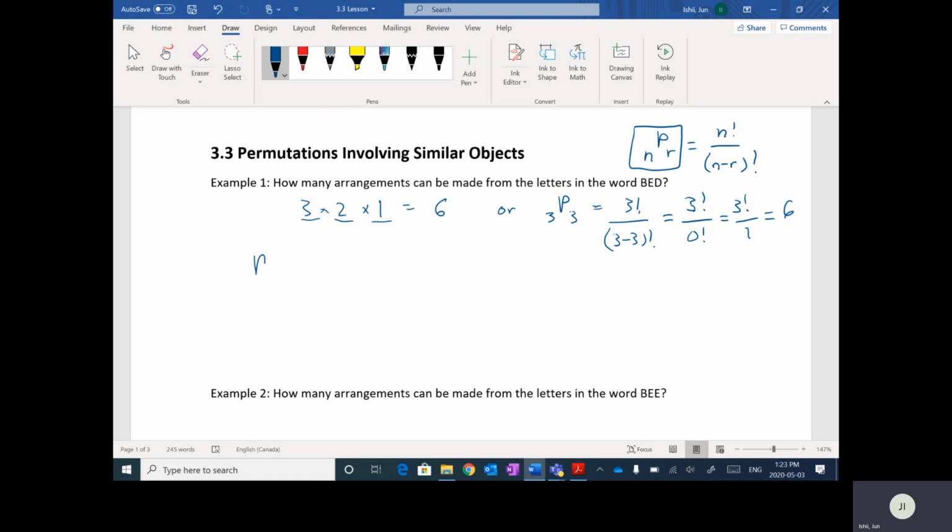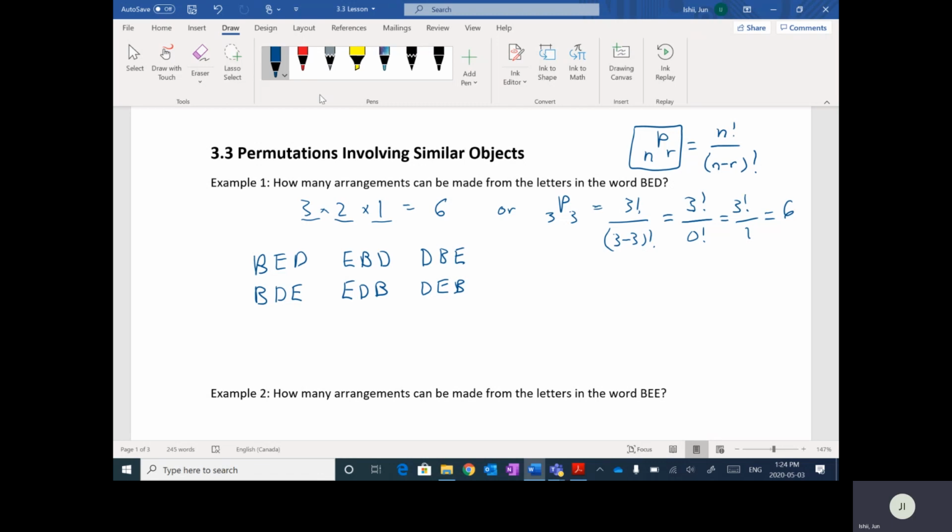So we have B, E, D. Then we can arrange it B, D, E. Then E, B, D, E, D, B, and then D, B, E, and D, E, B. Okay, so these are the 6 possible permutations from using all 3 letters in the word bed. The letters are all in different orders.